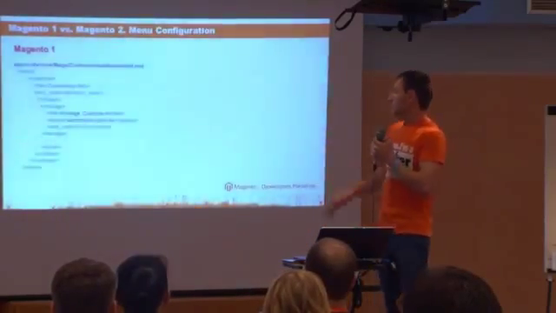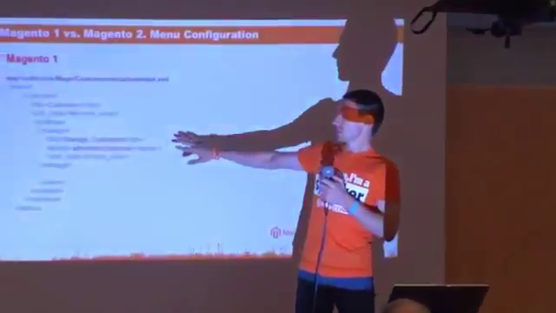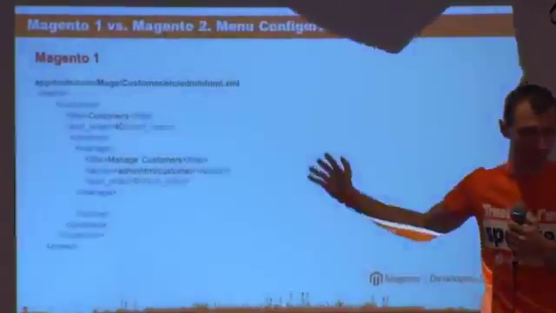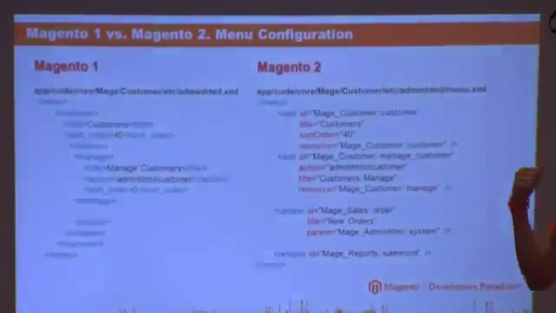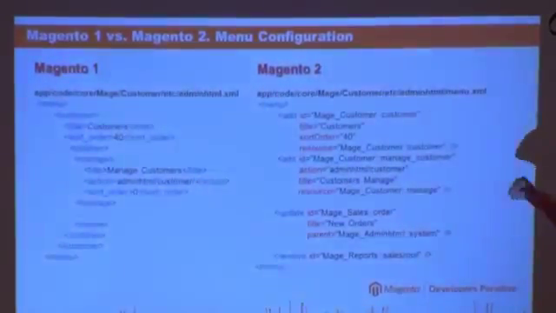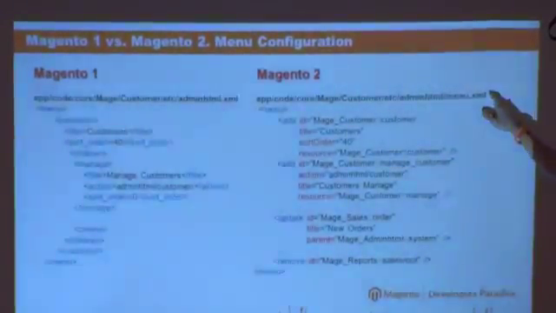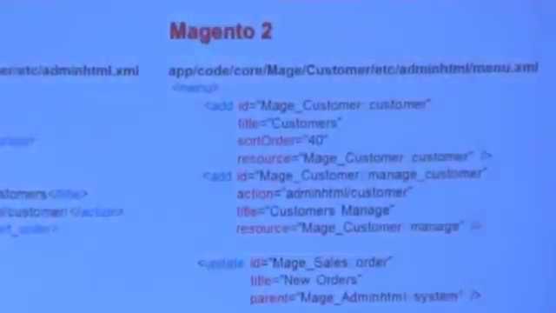Okay, this is an example of this configuration, which you all know very well. This is an example of menu configuration in Magento 1. We have this format. But in Magento 2, we have a new format. As I have mentioned previously, we have this configuration in a separate file named menu.xml in the etc admin HTML subdirectory.